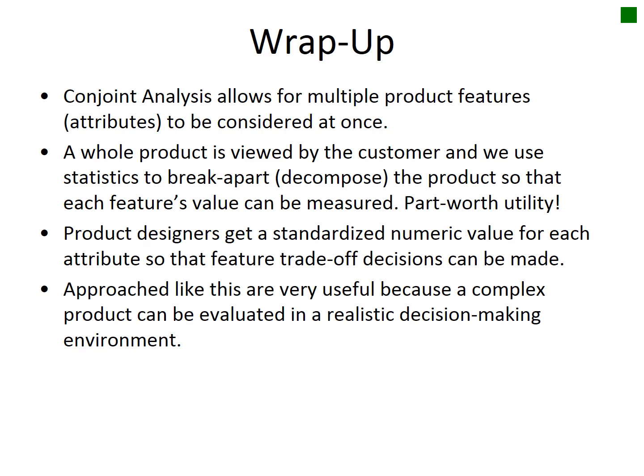And it can make sense of a fairly complicated behavioral process that the customer goes through by letting the statistics of choice and discrete choice analysis actually determine what the customer prefers without relying on the customer actually stating that. Okay, so this wraps up then the trade-off analysis or conjoint analysis discussion in product development.